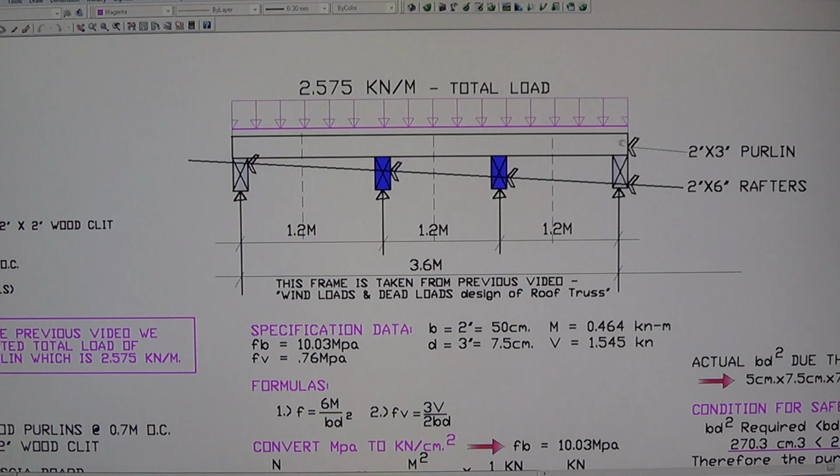Following that dimension, the length of 3.6, you have to equally space the rafters below the Purlin to carry it, and that's why it has 1.2 meter each. That's why there are 4 rafters there. So you have to go for the commercial size of the wood when you design. We're going to design just one Purlin and calculate the load there, and whatever size we get is applied to the entire roof. Alright?